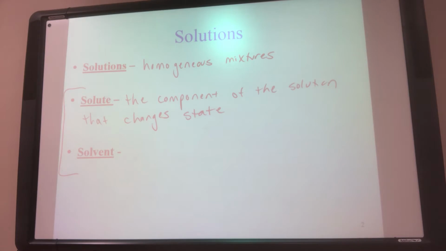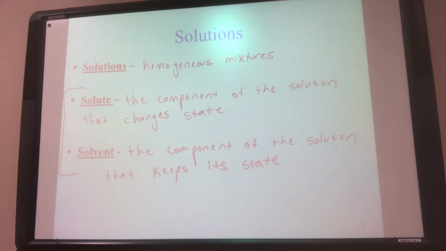The second part of my solution is the solvent. The solvent is the component of the solution that keeps its state. So one is going to change state, and one is going to keep its state.